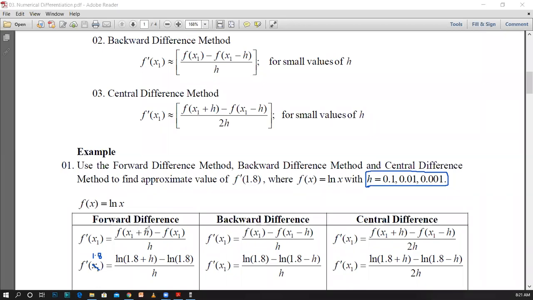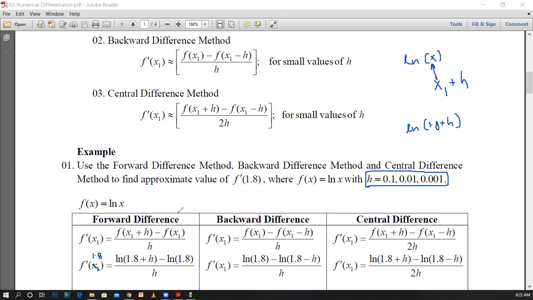x1 plus h. ln x is the function we are having. At the place of x, we have to substitute the value x1 plus h. But we already know that the value of x1 is 1.8. Therefore, we will get the first part as ln(1.8 plus h). Then this minus f(x1).